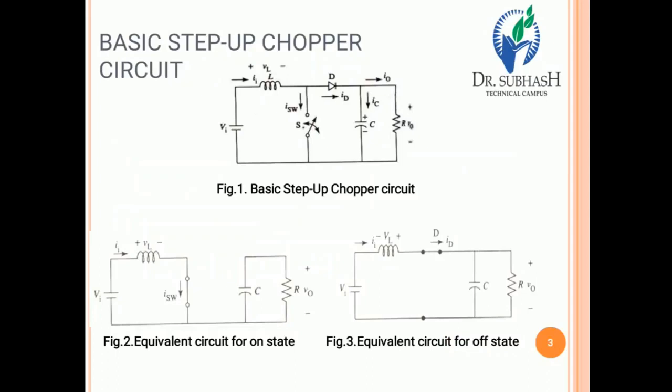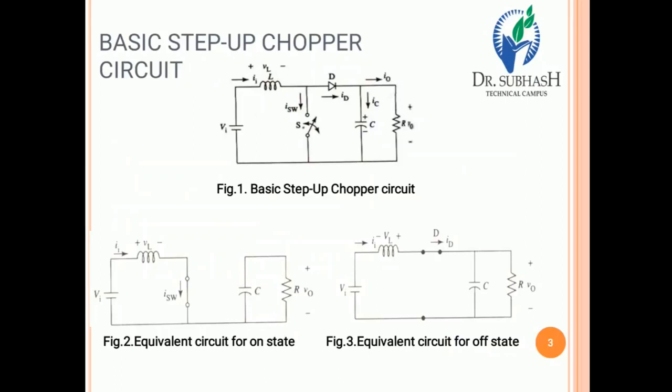Now the basic step up chopper circuit: in figure 1 we draw the basic step up chopper circuit. In the case of the step down converter, we put the switch in series with the input source.